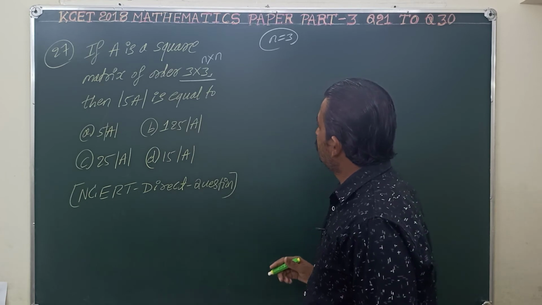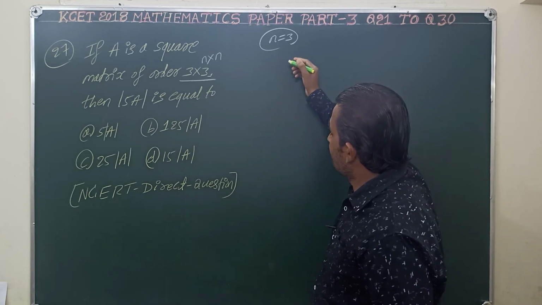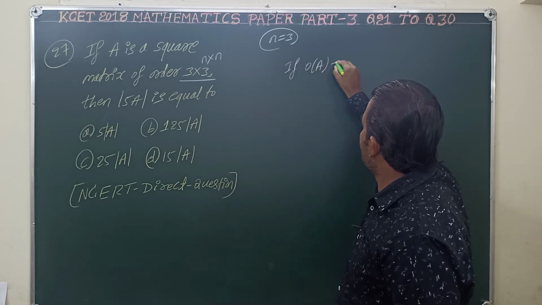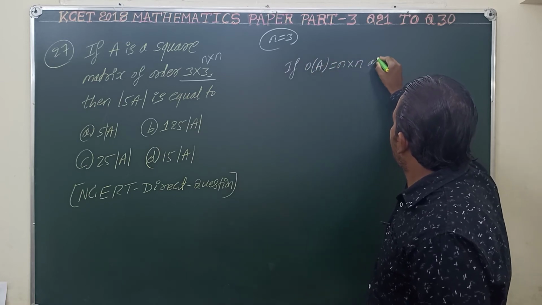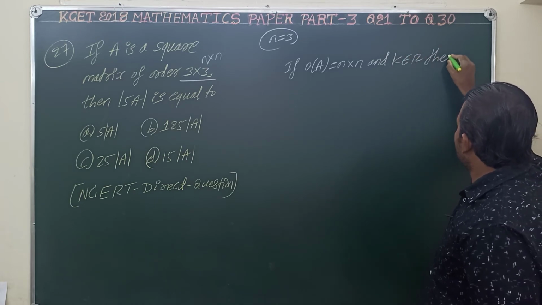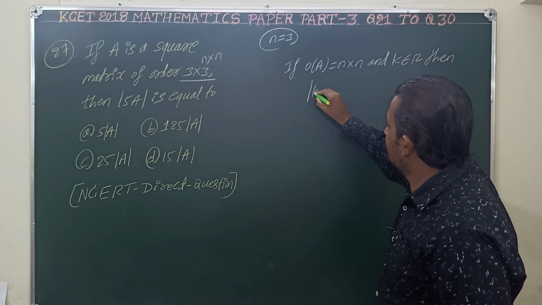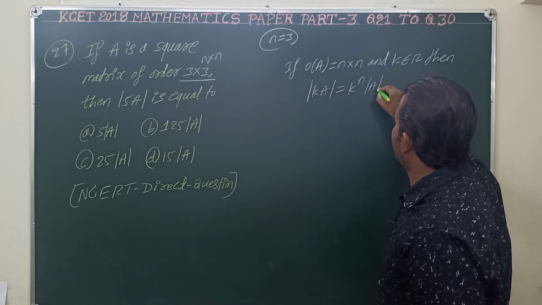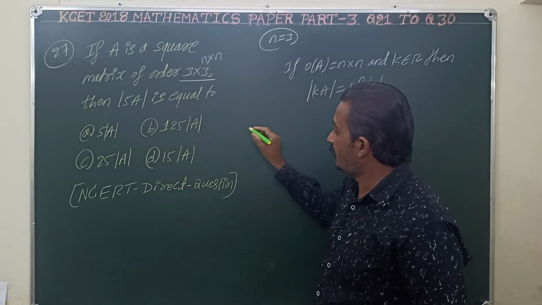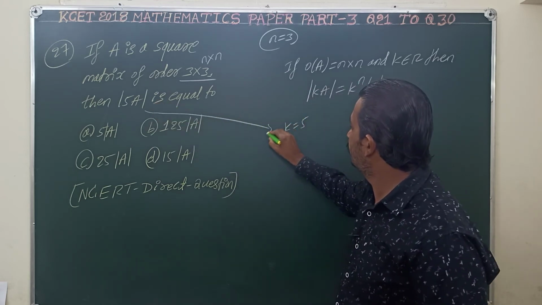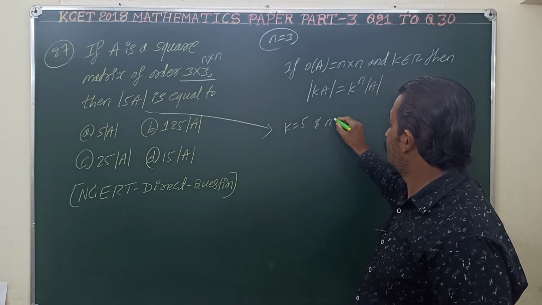KCET. So in this case we know the formula: if the order of A is n cross n and k belongs to any real number, then the determinant of kA, directly we can write, is k to the power of n into determinant A. So here in this case k is 5 and n is equal to 3.